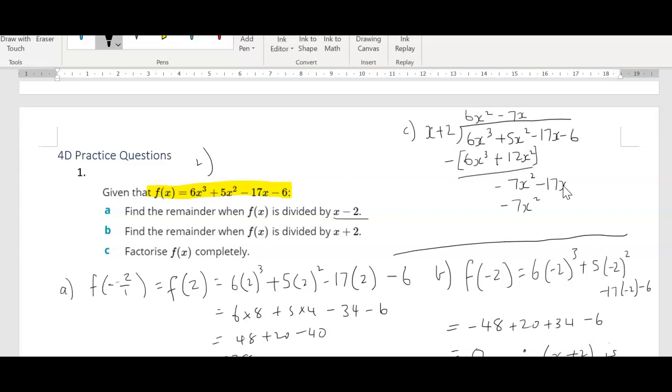And then 7x times 2 is negative 14x. All right, so let's subtract this. So we're going to have negative 17 plus 14, yeah, that's better. It's going to be negative 3x. Let's double check. Okay, and then we're going to be left with negative 3 and then minus 6. Beautiful. All right, that's going to give me 0.